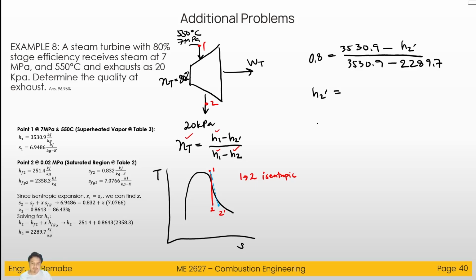After finding h2 prime, you can already find the quality. The quality here is still the same formula, but instead of h2, you have h2 prime equal to hf plus x prime hfg. So in this case, we have the actual quality with the actual enthalpy.